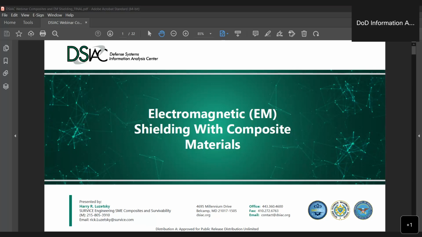But the proposal that received an award actually is called hierarchical nanocomposite metamaterials for shielding of combat vehicles. So can it do both? Electromagnetic shielding and, you know, signature management?